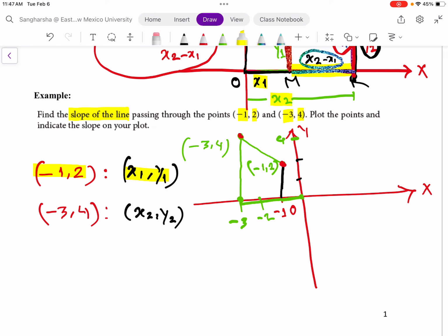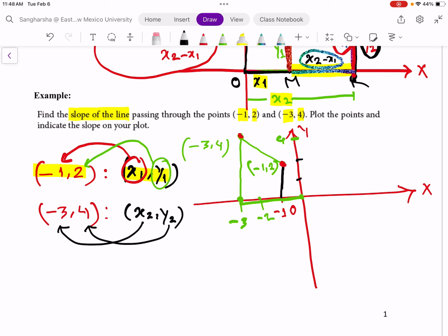What do we have for y1? 2. The y coordinate of the point is 2, so this is y1. What about x2? x2 is negative 3 and y2 is positive 4. So we know x1 is negative 1, y1 is 2, x2 is negative 3, y2 is 4.